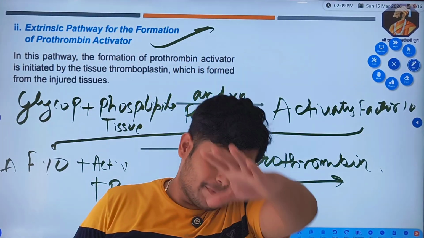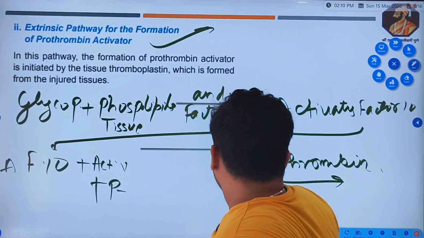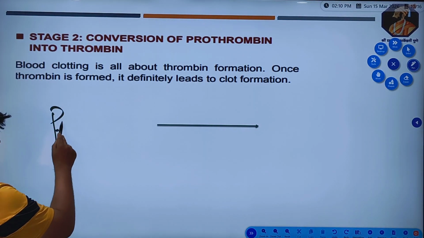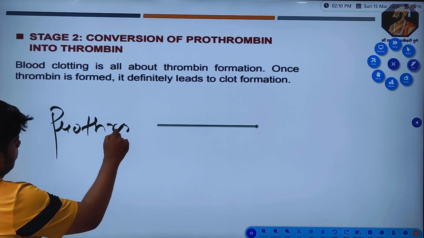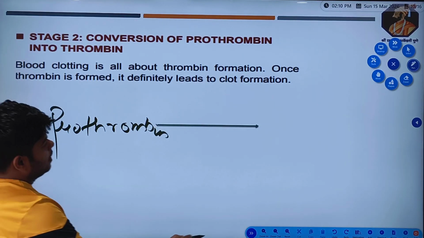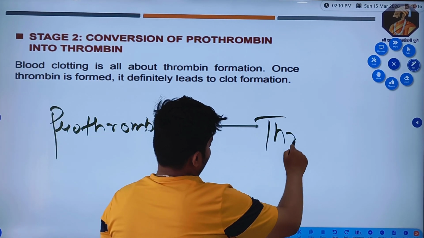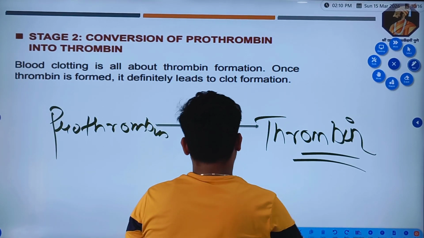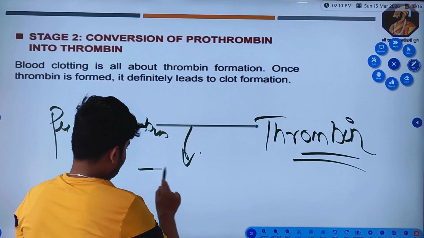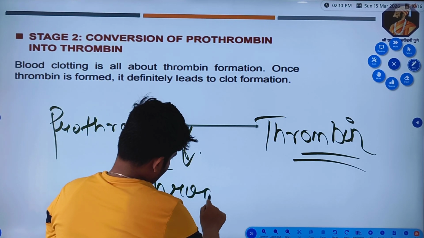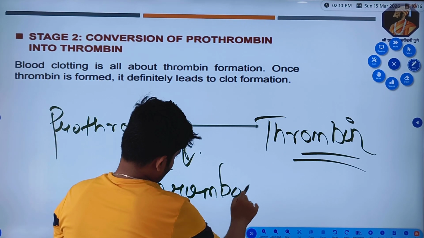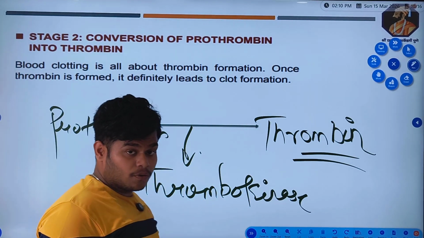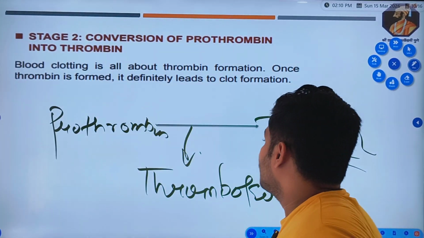And now what this activated prothrombin does, we will see in the next step: prothrombin converts into thrombin in the presence of the enzyme thrombokinase, with the help of calcium, right?